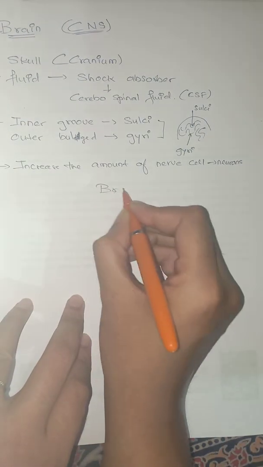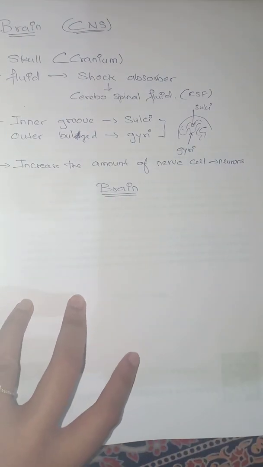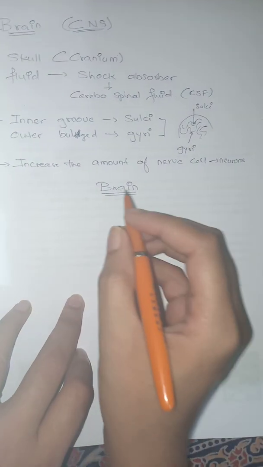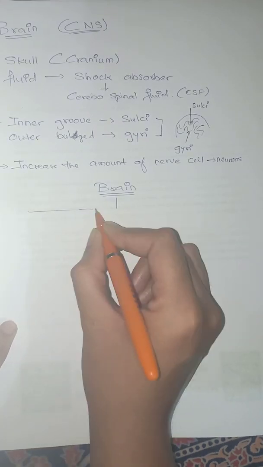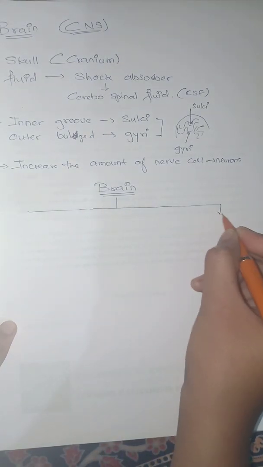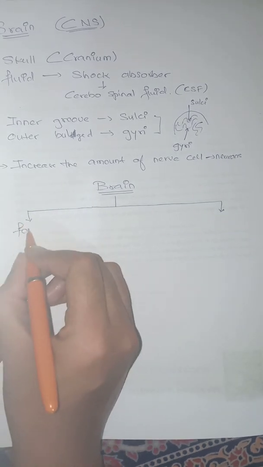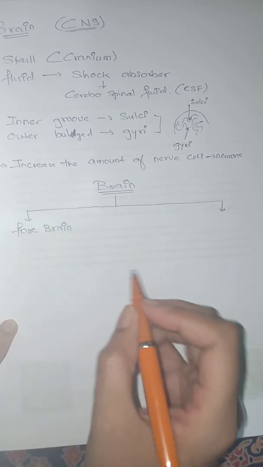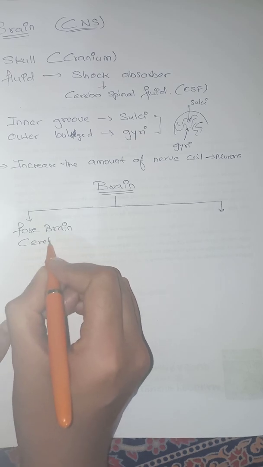Your brain is divided into three parts. The first part is called the front brain or the forebrain, which is the most important part, and we also call it the cerebrum, right?